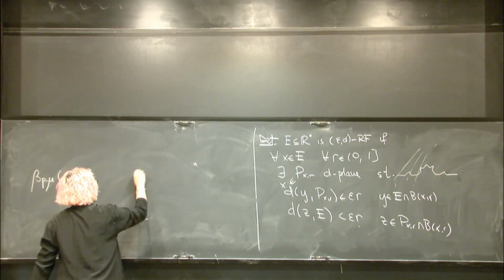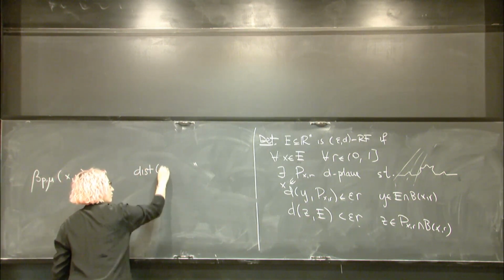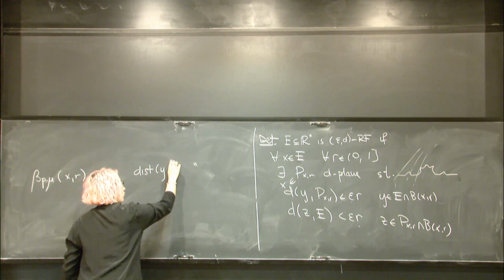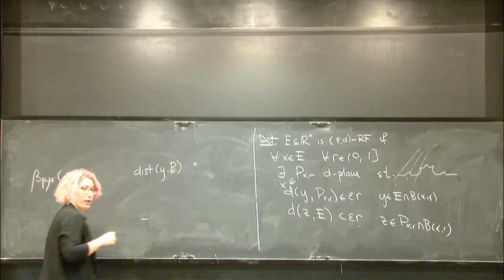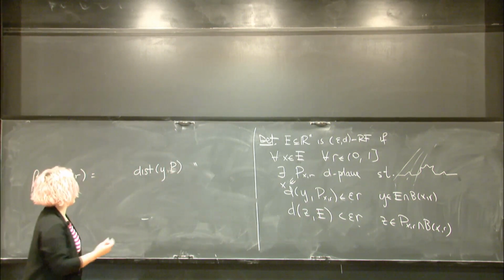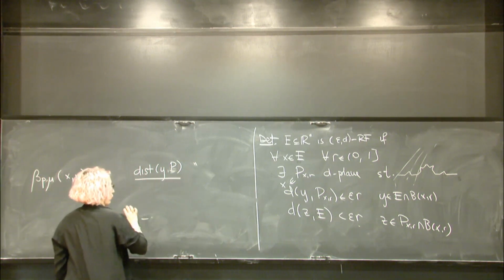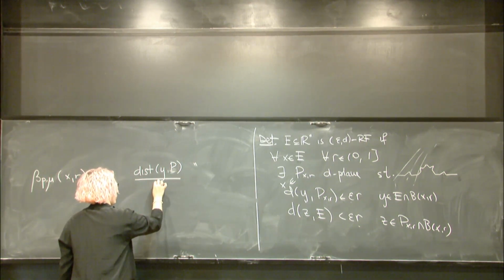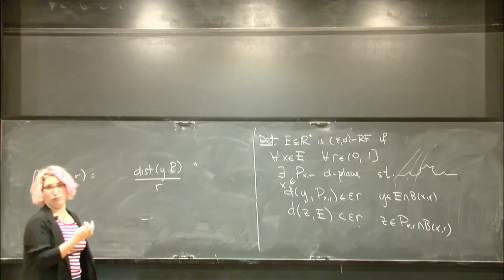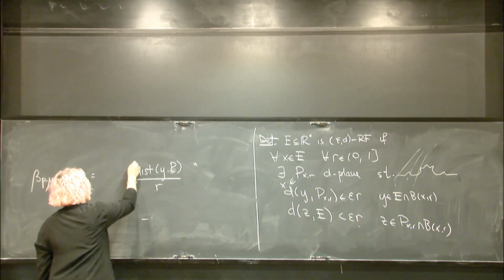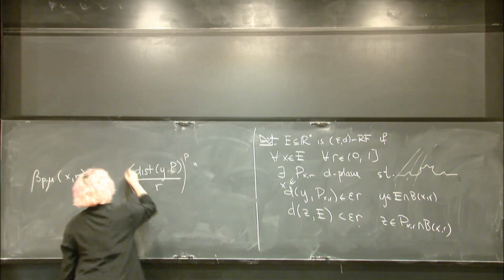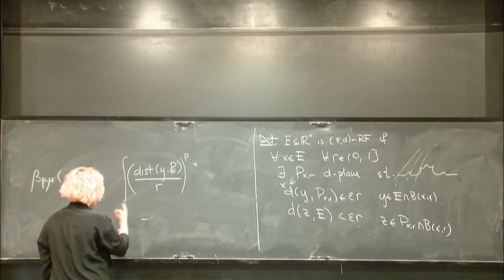So I'm going to take the distance, same old thing as before. Now I have a d-dimensional plane, and I want it to be dimensionless, so I'm dividing by the diameter of my ball, half the diameter of my ball. Then I'm taking this to the p. I'm doing an average.